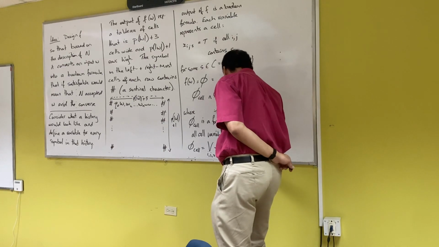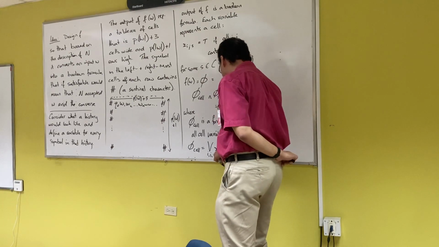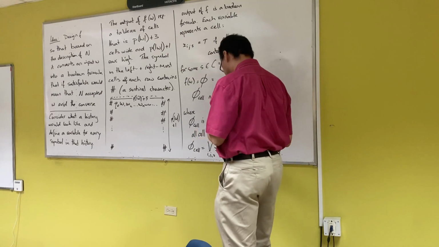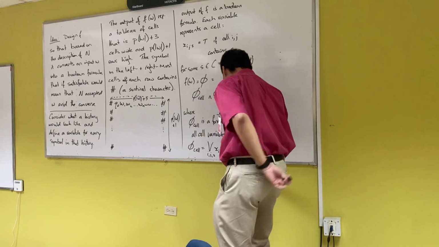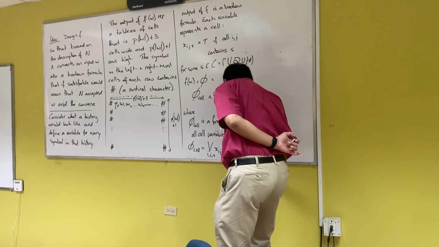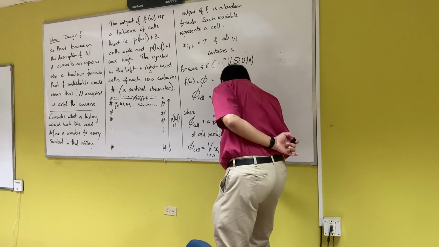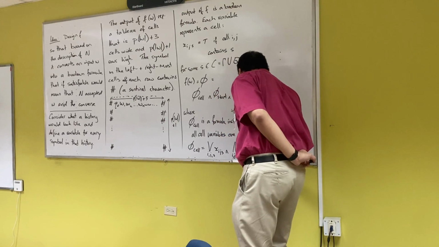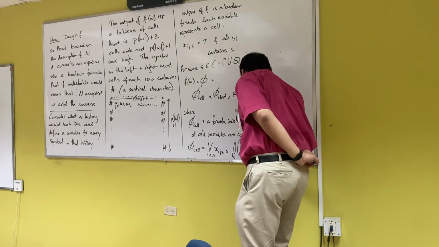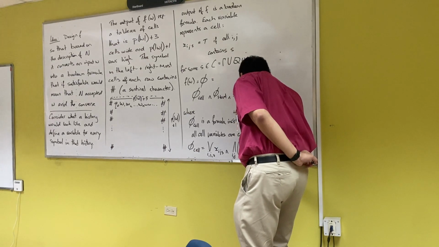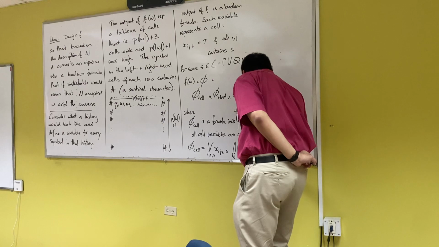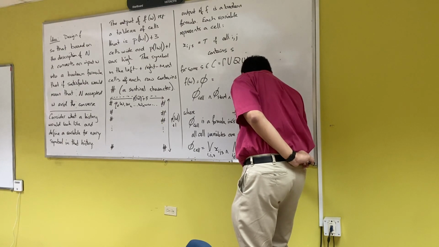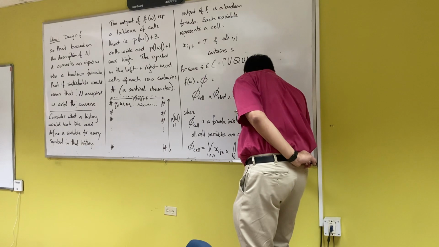For every ij, you have one. So this is over all the S's. One of them is true, and no two of them are true. And for S not equal T, S and T in C, x_ijs is false or x_ijt is false.